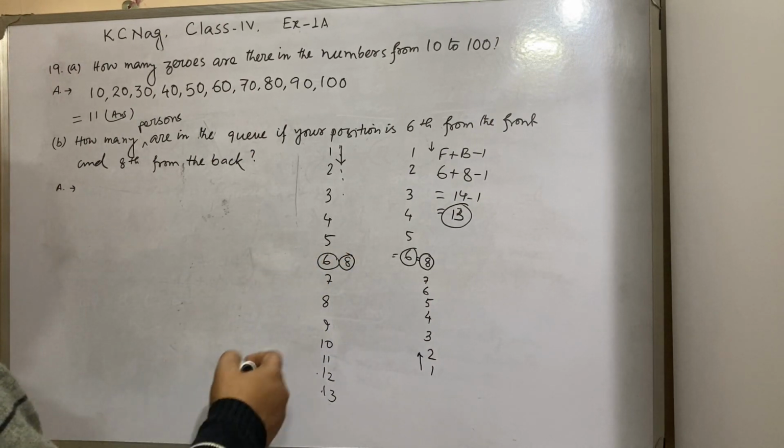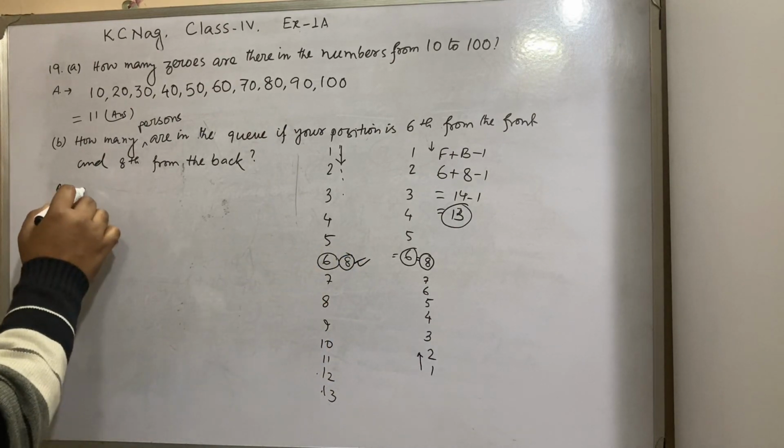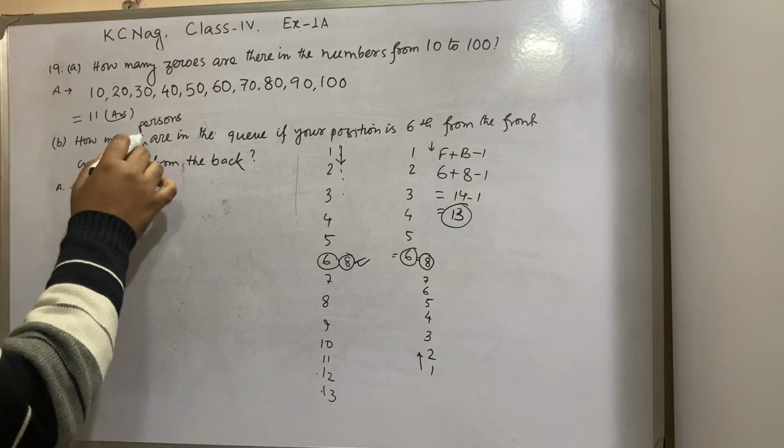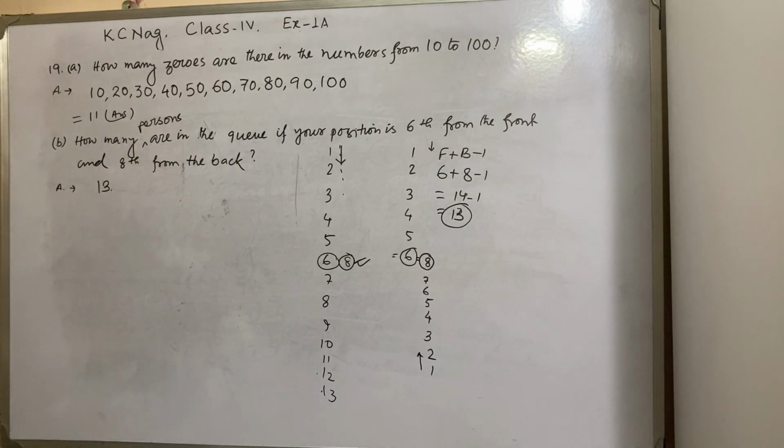That means our answer is absolutely correct. So the total number of persons here is 13. Okay. Next.